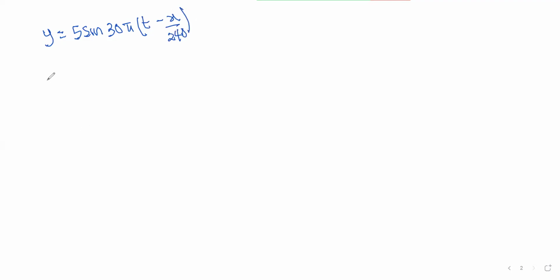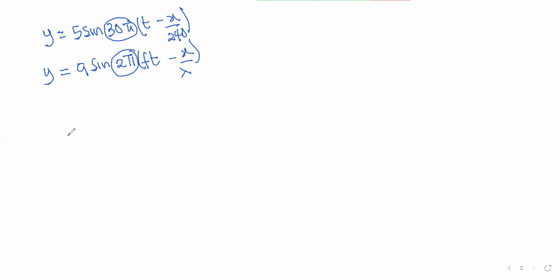Class, I cannot compare this with y equals A sine 2π(ft minus x on λ). Why can't I do this? Because the numbers in front of the sine are not the same.